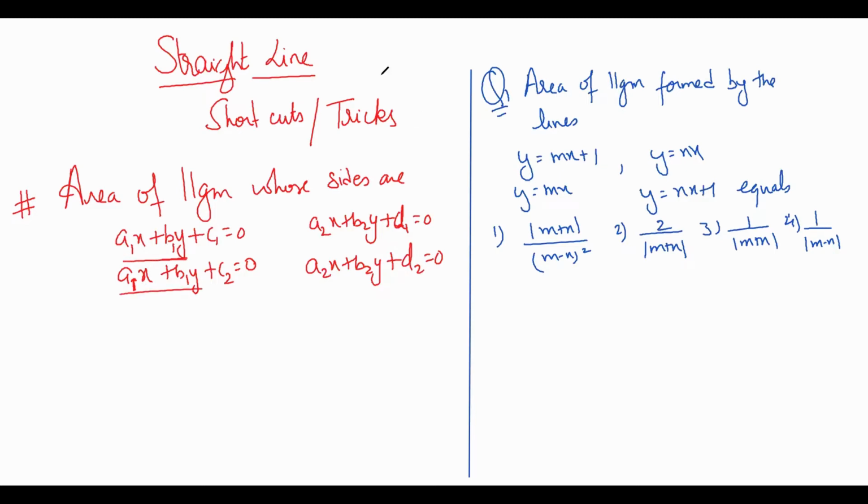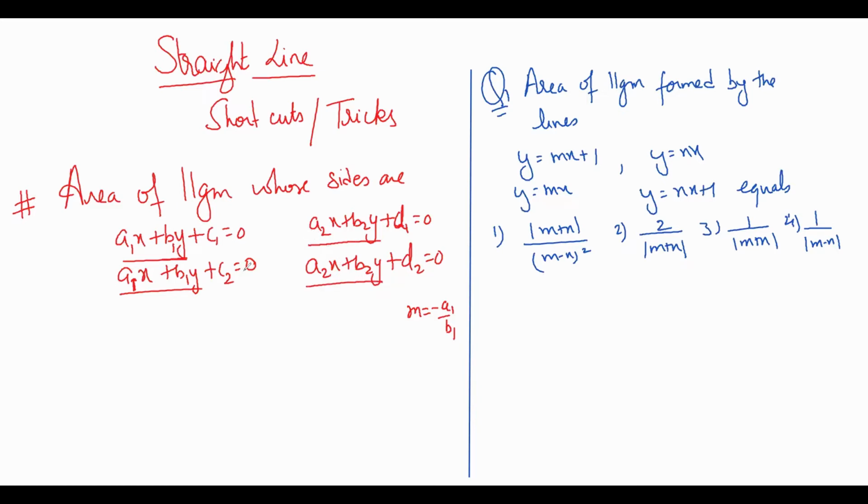As you know, slope is minus coefficient of x upon coefficient of y. That means minus a1 by b1 for this first line and minus a1 by b1 for this second line. They have the same slope, only the constants are different here. Therefore, this is one set of two parallel lines. And similarly, this is another set of two parallel lines with the same slope, that is minus a2 by b2.